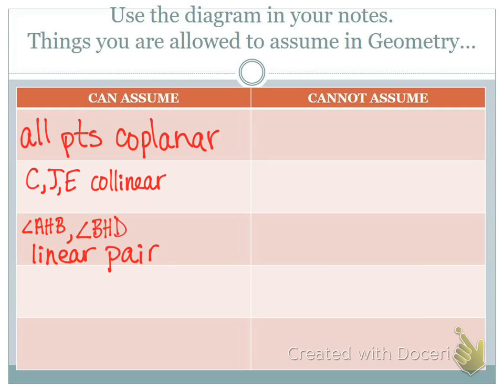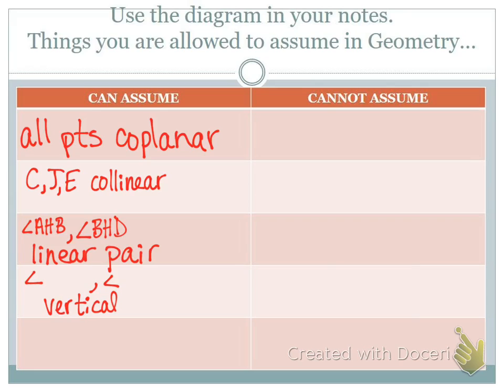Do we have vertical angles here? I'll go ahead and tell you we do. Vertical angles occur anytime we have 2 lines that intersect each other.